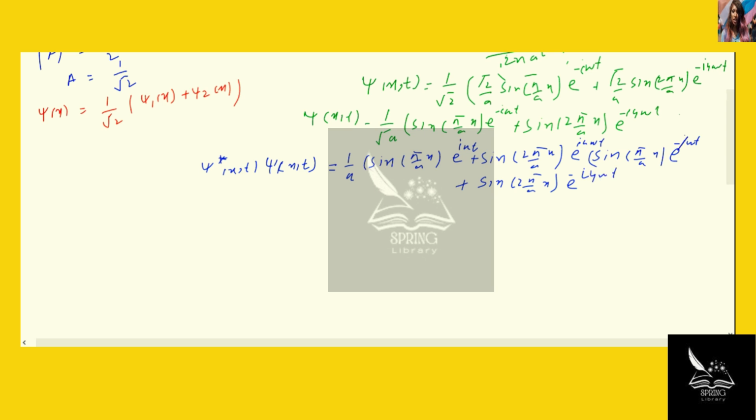So this e raised to the power iota omega t and e raised to the power minus iota omega t will cancel. This and this will get cancelled.